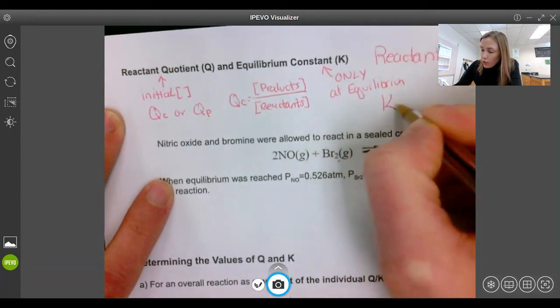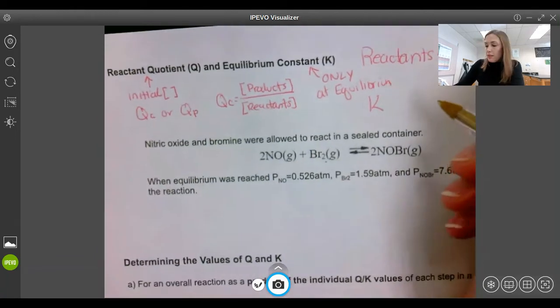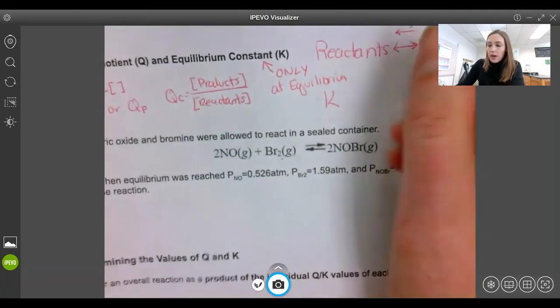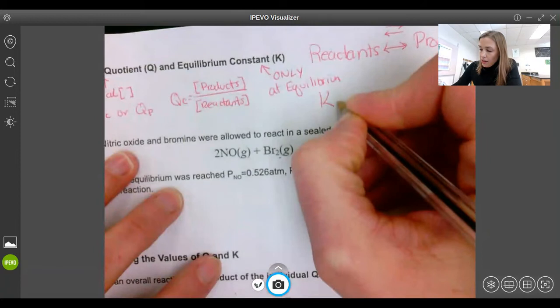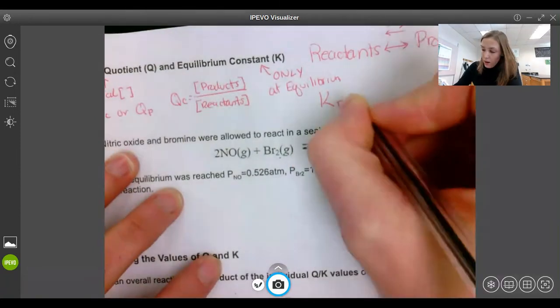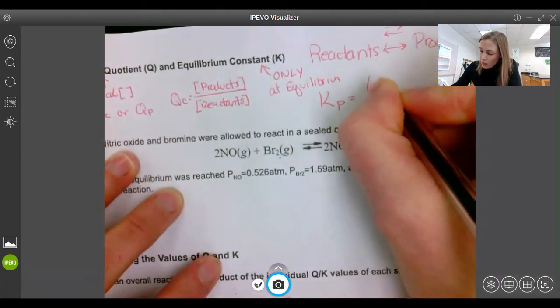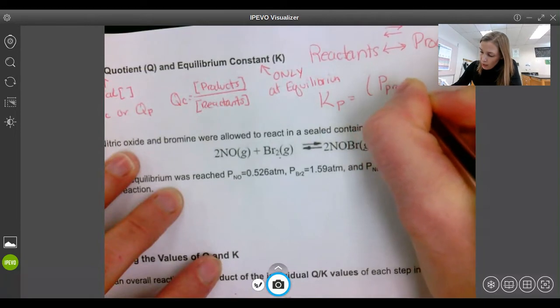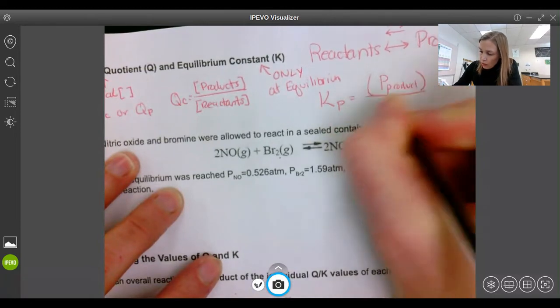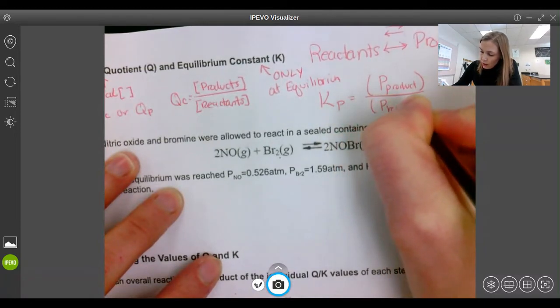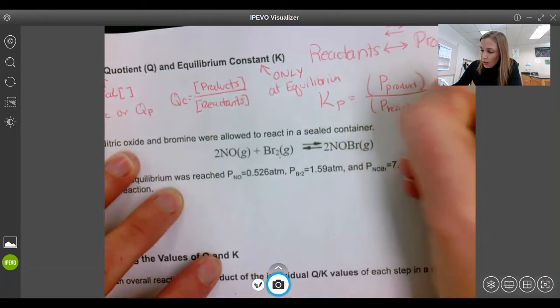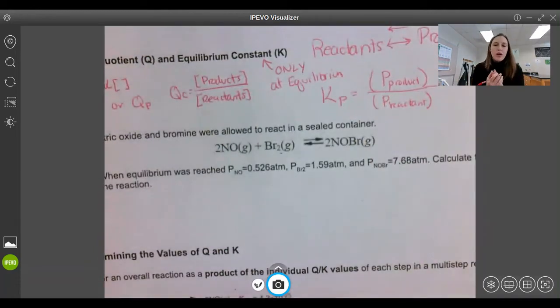Again, we could have this as Kc or Kp, depending on if we're looking at concentrations or pressures. If I set this up based on pressures, this would be the pressure of my product over the pressure of my reactant. We'll get into some examples in the next one of how that looks with multiple reactants and products and various coefficients.